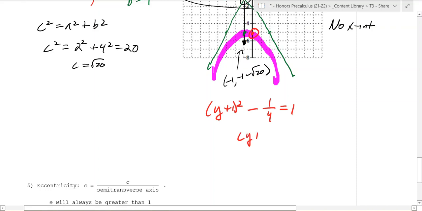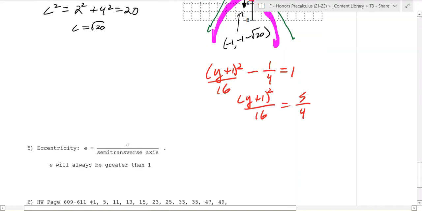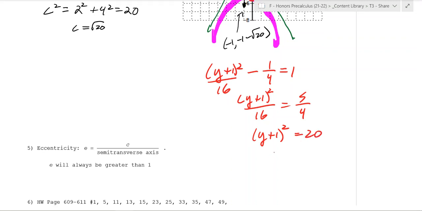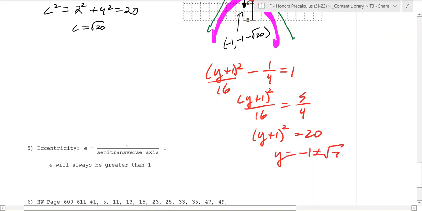So you get y plus 1 squared over 16 is equal to 5 over 4. So you multiply by 16 on both sides. That simplifies to 20. So you end up with y is equal to -1 plus or minus the square root of 20.